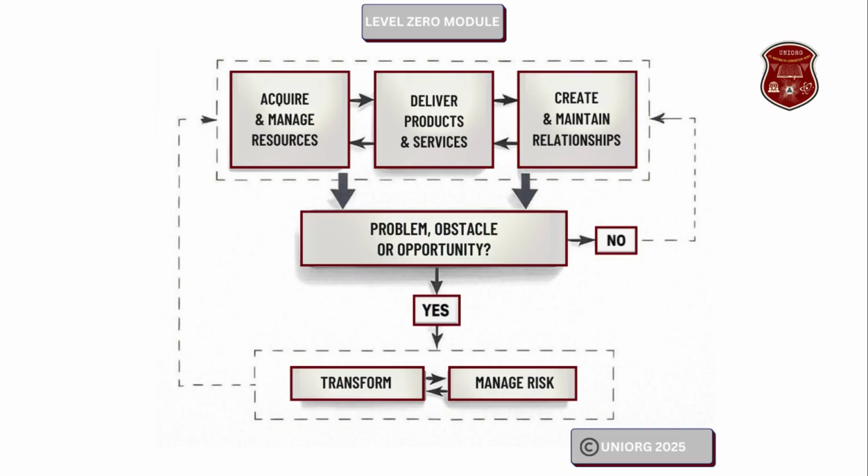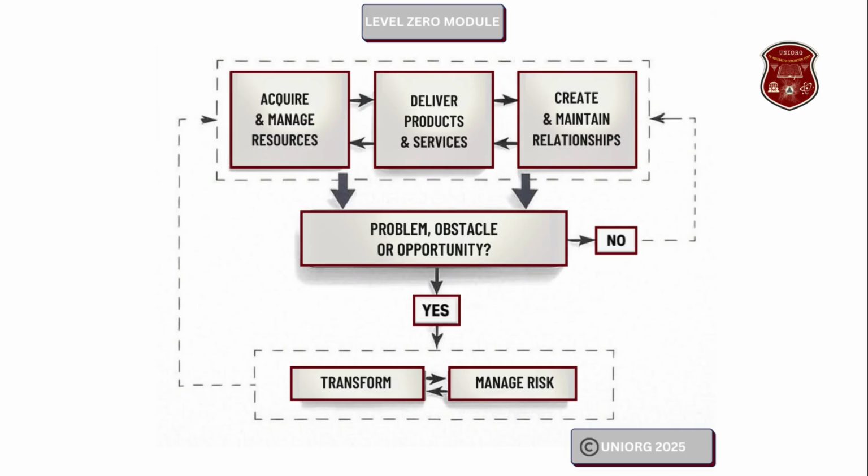This is how the Level 0 model works. At its core, any organization must deliver products and services. This creates a core process. To run this core, it must have resources. Thus, there must be a system that gives an organization the people, money, and assets that it needs.